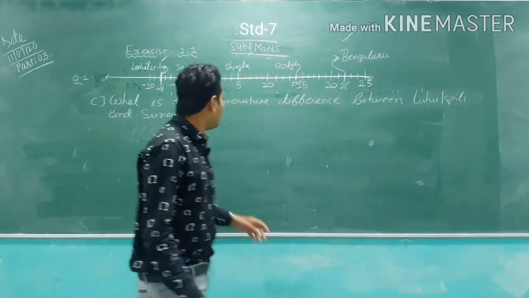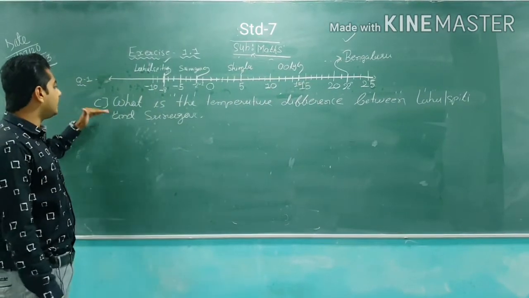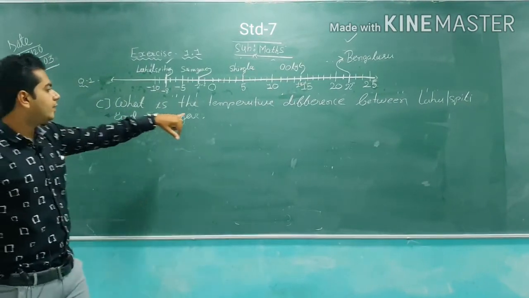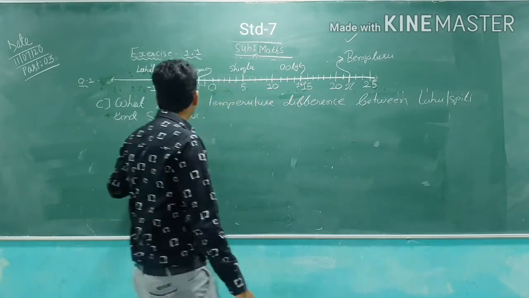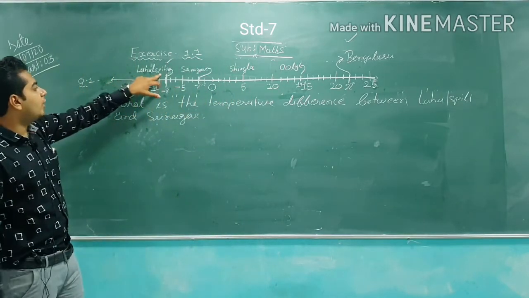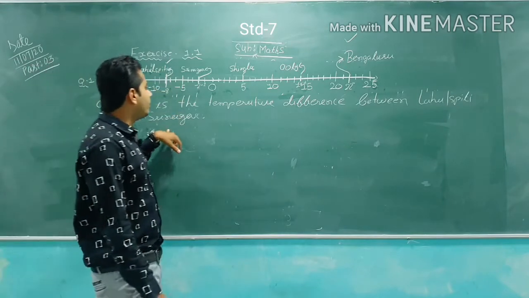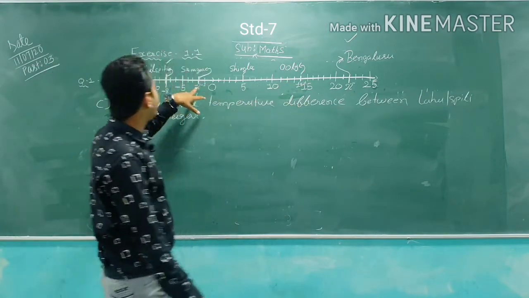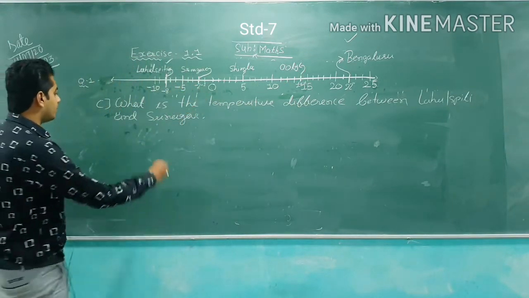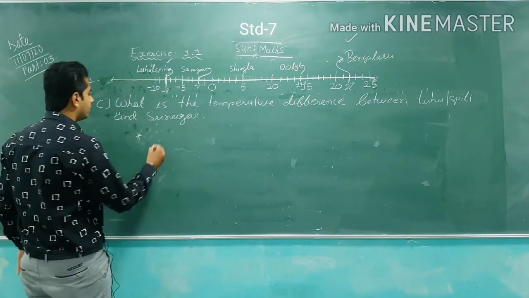Okay students. So now question number 1C. What does C say? What is the temperature difference between Lahaul Spiti and Srinagar? So what is the temperature of Lahaul Spiti? Minus 8. And what is the temperature of Srinagar? Srinagar is here minus 2. So let's take the difference. First of all, write the temperature of both cities.